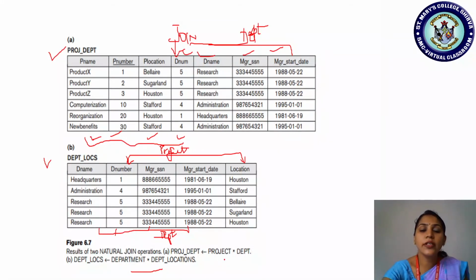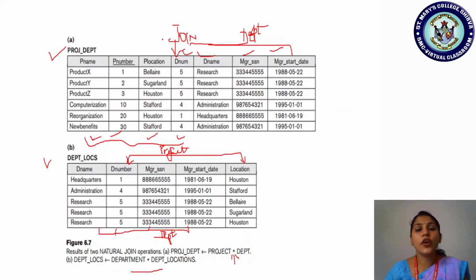Remember, natural join is represented with which symbol? Asterisk symbol. Okay. Equi-join, it is what? The equal to. So the difference also you should remember. In the equi-join, whatever attribute names you are using to combine from two relations, those attribute names will not be common.